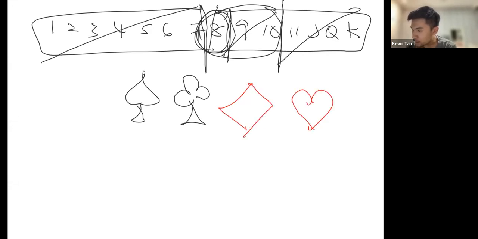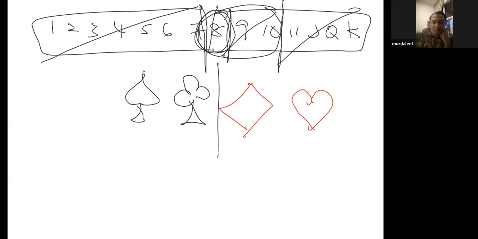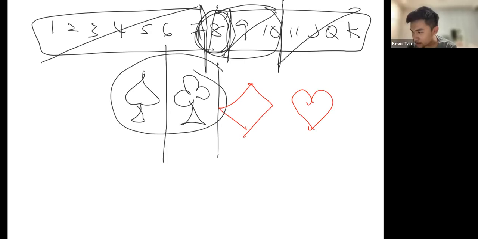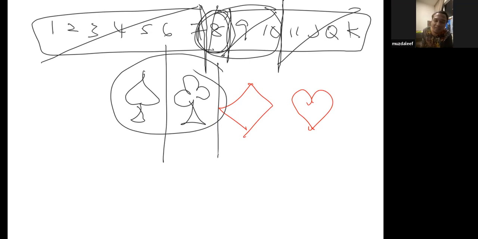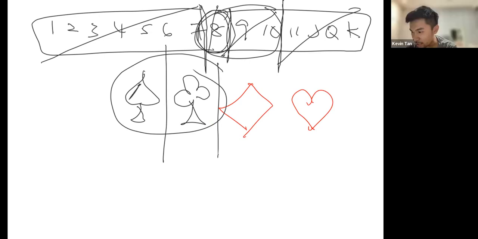Let you pick black or red. Black. So spade or this other one. Spade. So that means you pick 8 of spades, right?